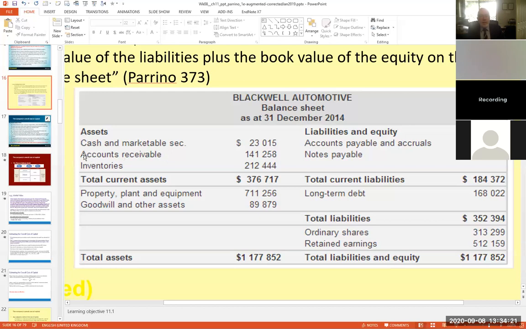Accounts receivable, people have bought things from you on 30 days credit or whatever they are, and so you're not going to be charging them because you like having their business, and so not going to be any rate of return on that. Inventories, likewise, stock on the shelf. Well, it's just sitting there getting dusty, isn't it? It doesn't have any cost or revenue associated with it in itself. Okay, that's the current assets.